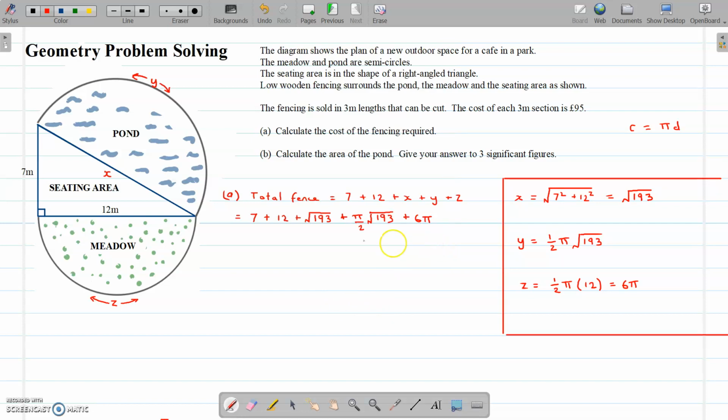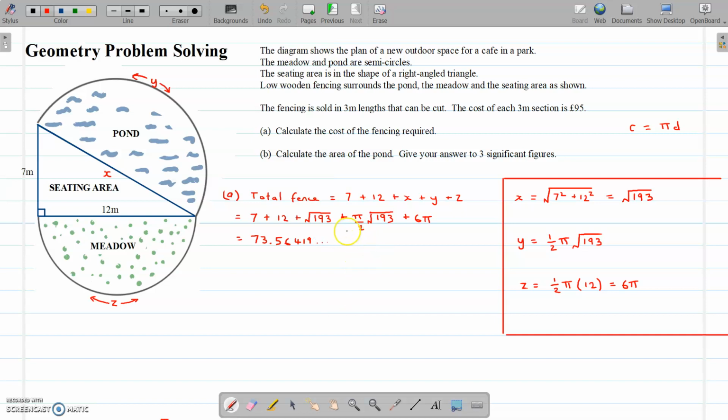If you work that out, the calculator will give it to you as 73.56419, etc. So give it plenty of accuracy.